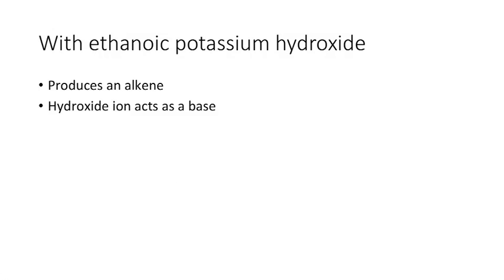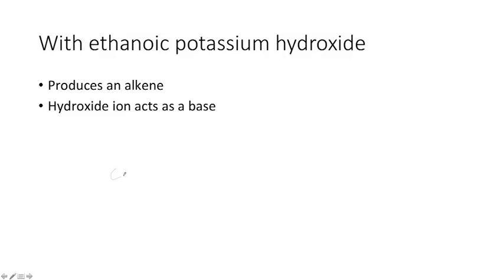Next, with ethanoic potassium hydroxide, this is going to produce an alkene where the hydroxide ion acts as a base. So in this case, it's actually an elimination reaction. And for this to work, you might want to heat under reflux.